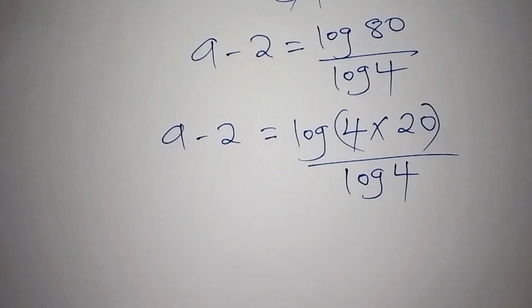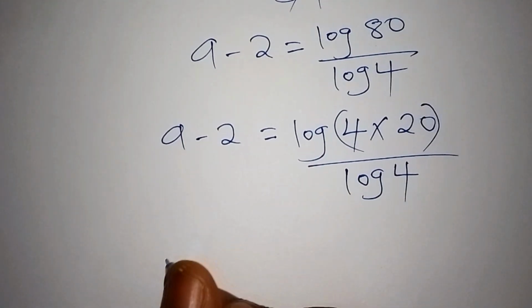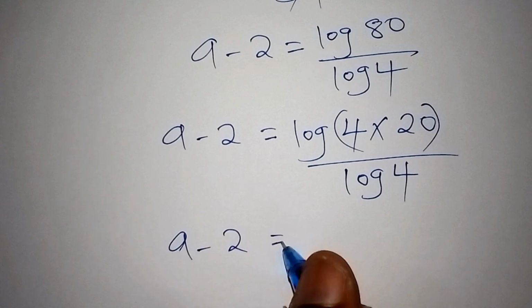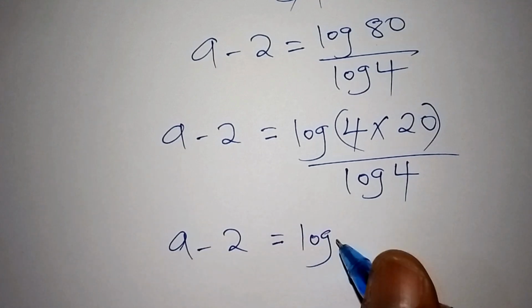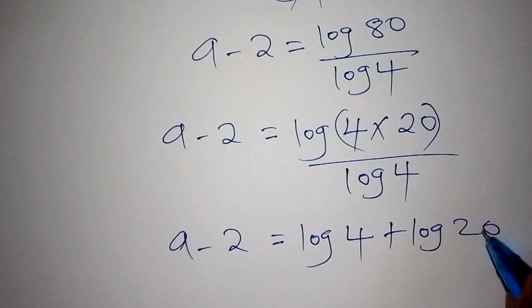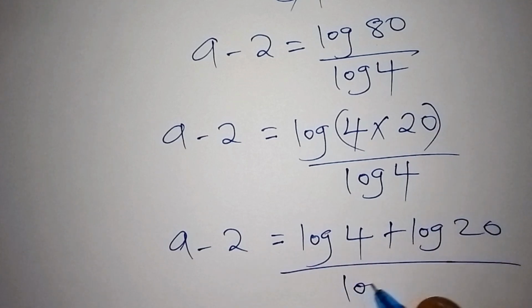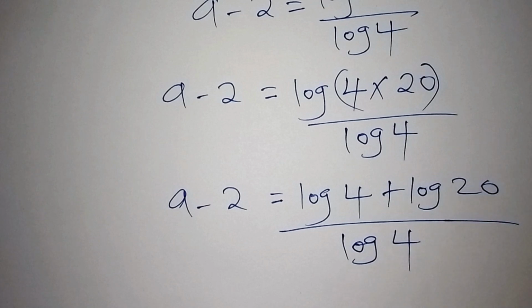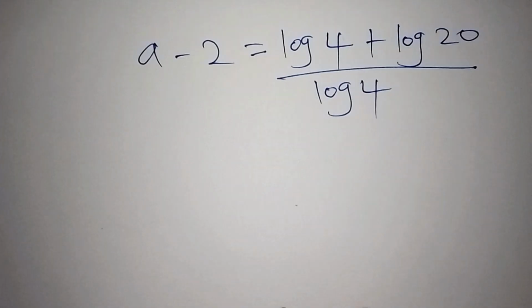So a minus 2 is equal to, this can also be written as the log of 4 plus the log of 20 all over the log of 4. That is according to the laws of the log.